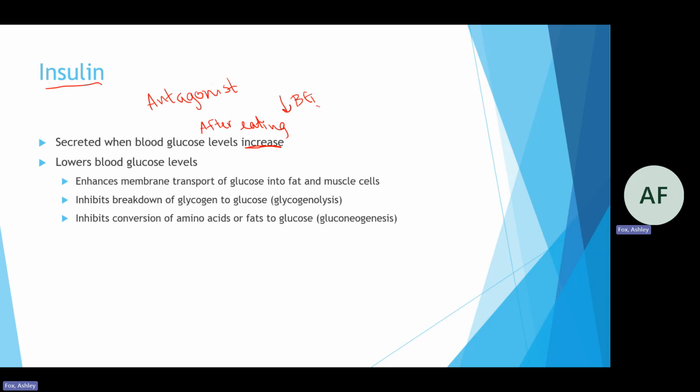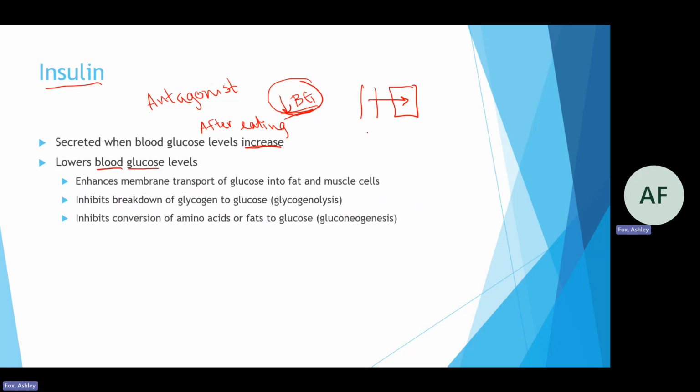So how does it decrease our blood glucose? This isn't saying the glucose is lost from your body. It just moves into cells. And if it's no longer in the bloodstream, well, then the blood glucose goes down. So it's moving from the capillaries into the cells.